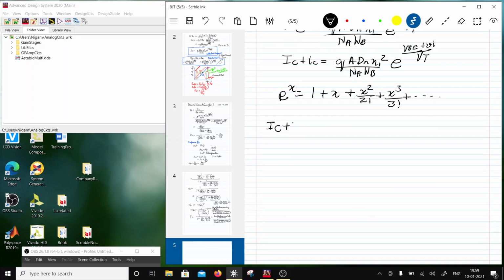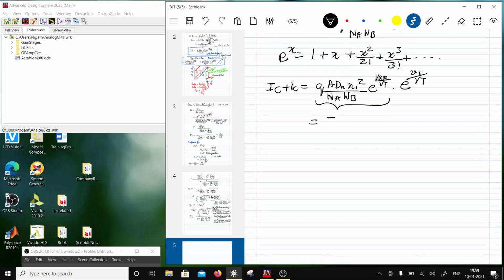I can say IC plus small ic will be equal to QADN Ni square over NAWB, and I'm going to separate the term, so I can do e raised to VBE by VT and then e raised to Vi by Vt, correct? And this term is the same as IC, so it will be IC plus small ic is going to be IC times e raised to Vi by Vt.